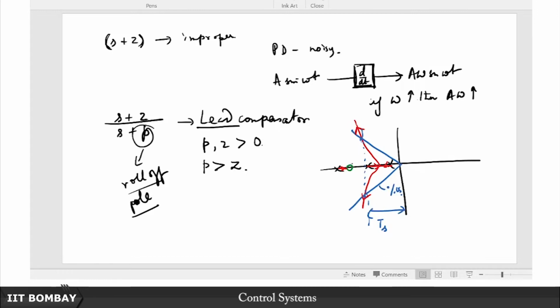You see, the 0 added some positive angles in the angle criteria, right? So this theta z. Yeah, that was the only role of this 0, no? We saw that we had to meet this condition that theta z minus theta p1 plus theta p2 plus theta p3 must be some odd multiple of pi.